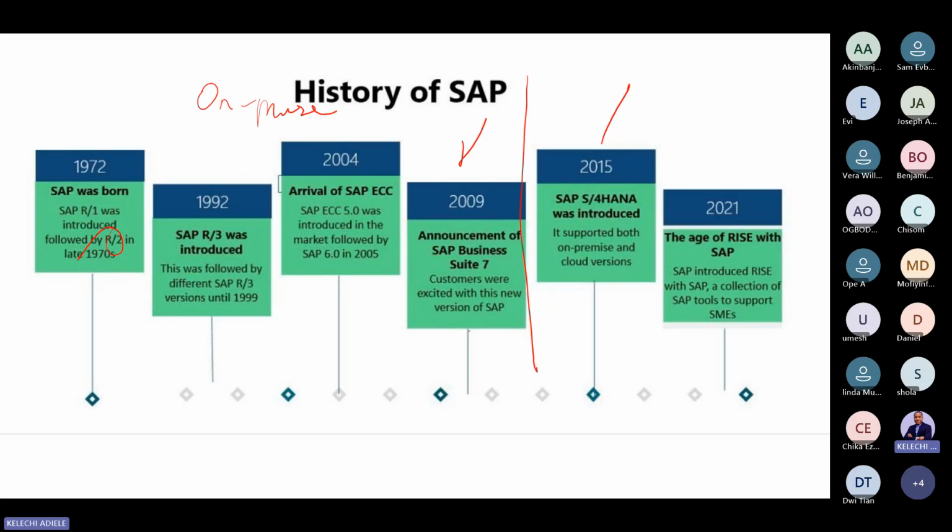Then in 2021, we're now in the age of RISE and GROW, the other products of SAP. And of course, I think 2023, 2024, they brought out SAP Joule, which is an AI model that supports S/4HANA.